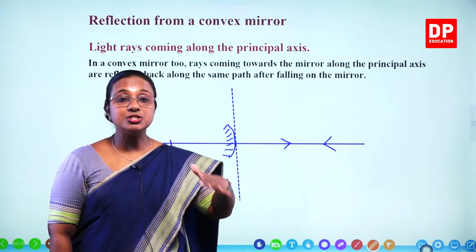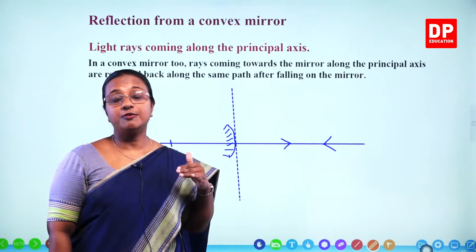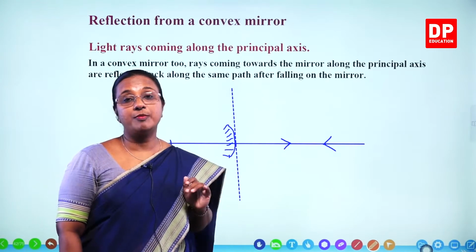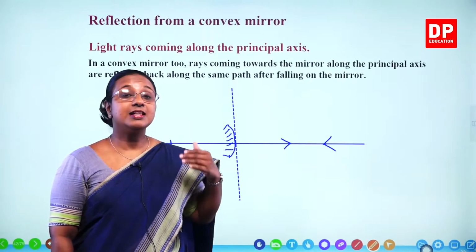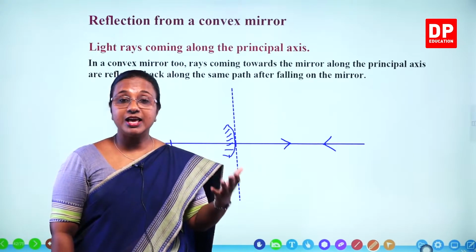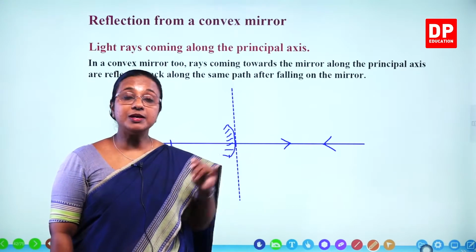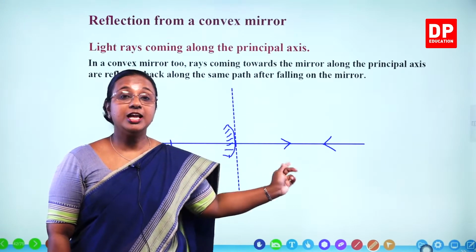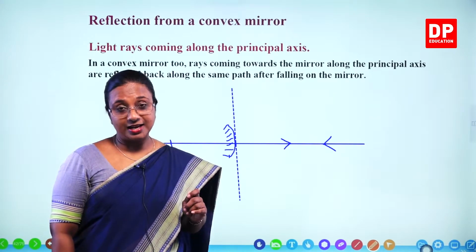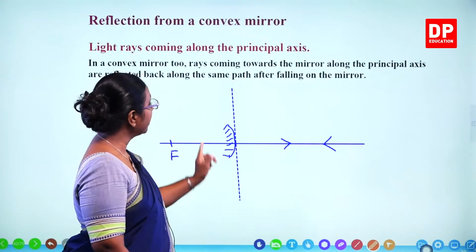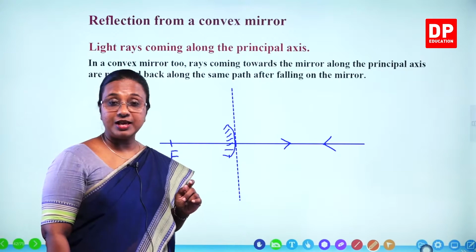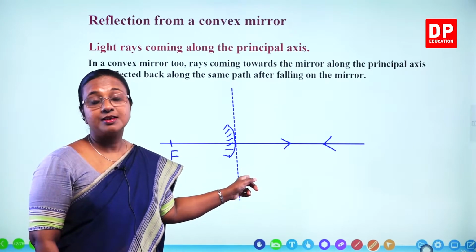Therefore, the image of the bottom part of the object will also be formed on the principal axis. That is why we take rays that are going from the top of the object in order to draw ray diagrams. So, that is one type of ray that is being reflected by the convex mirror.